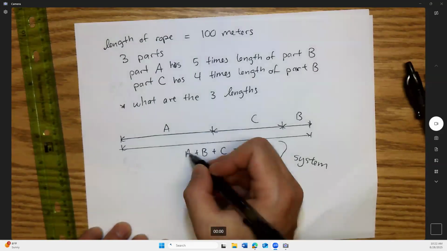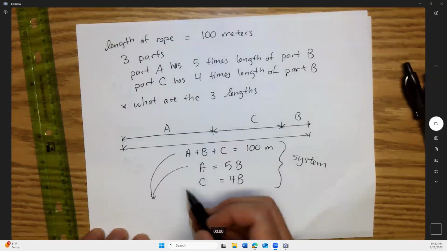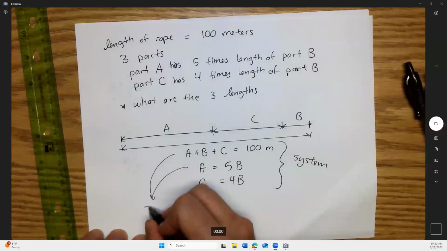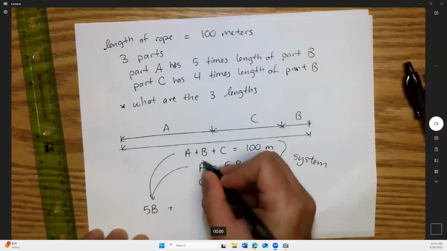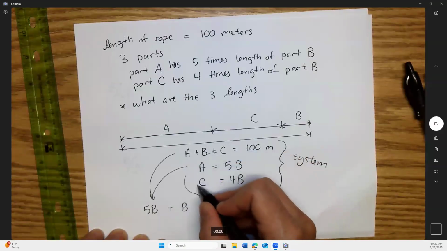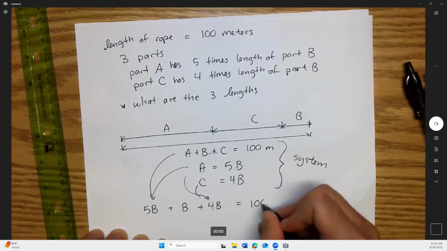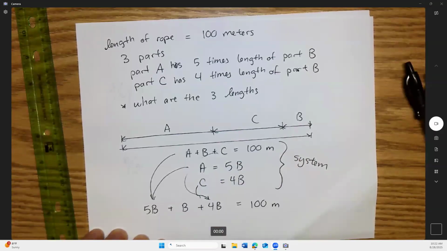So what I might do here is combine these 2 facts and say, well, in place of this A, I'll call it 5B, plus I got this B, plus, and then instead of C, I'll call it 4B. And that has to add up to 100 meters. Isn't that true? Here's your A in terms of B. Here's your B. Here's your C in terms of B. That would be true, right?